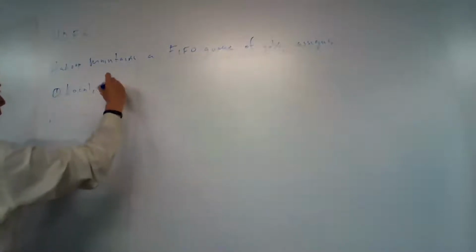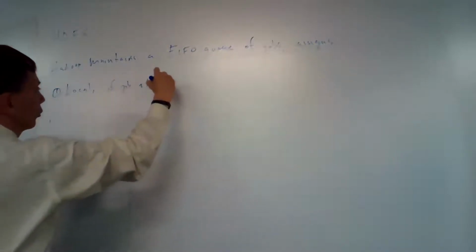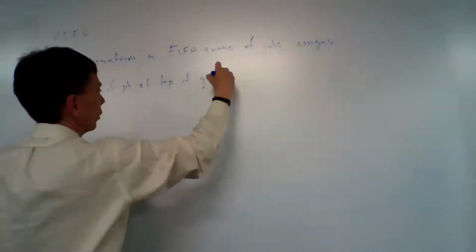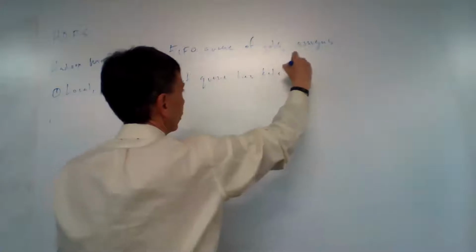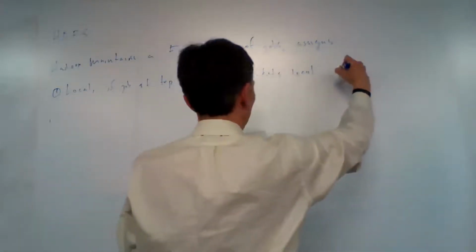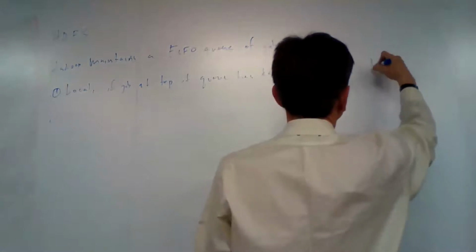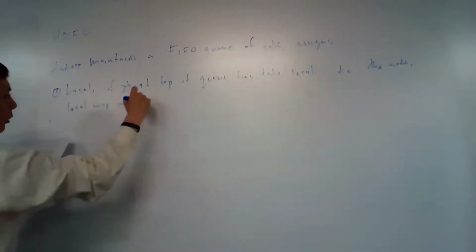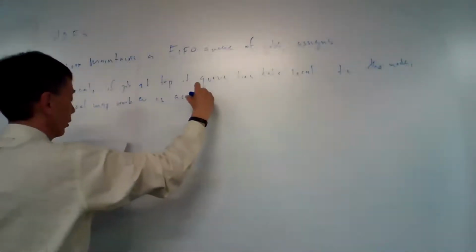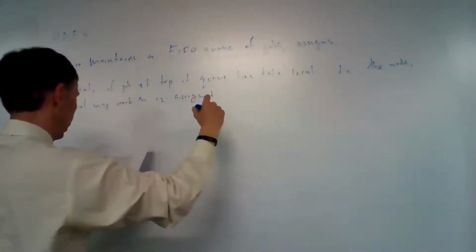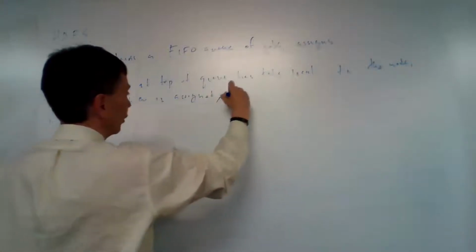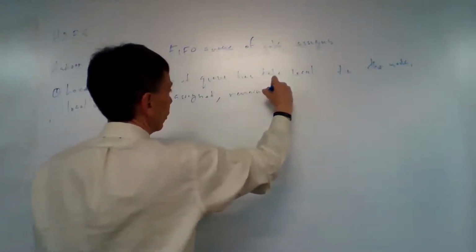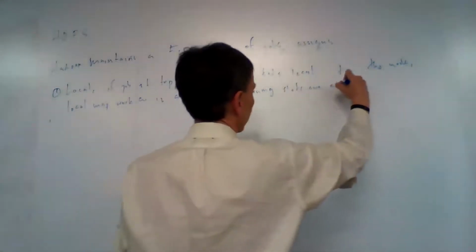So if the job at the top of the queue has data local to the node, a local MapReduce worker is assigned. So a local map worker is assigned. And remaining slots are available for scheduling.